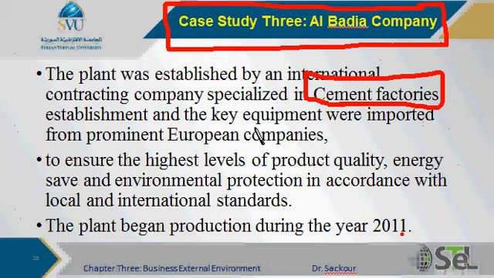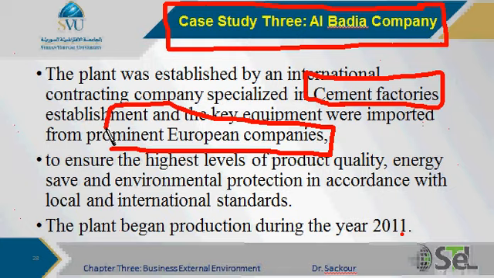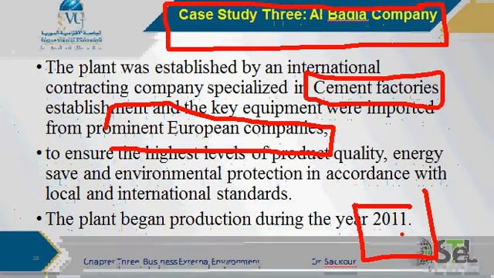The key equipment was imported from prominent European companies to ensure the highest level of product quality, energy saving, and environmental protection in accordance with local and international standards. The plant began production during the year 2011.